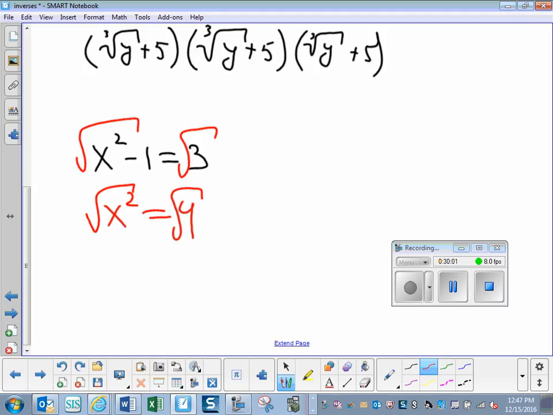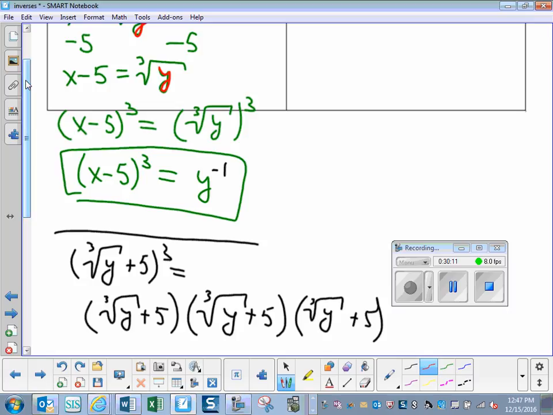I want that perfect square by itself, because it's very hard to simplify this. Same way, before I square it or cube it or do something to it, I want that radical by itself. Otherwise, it's something ugly.